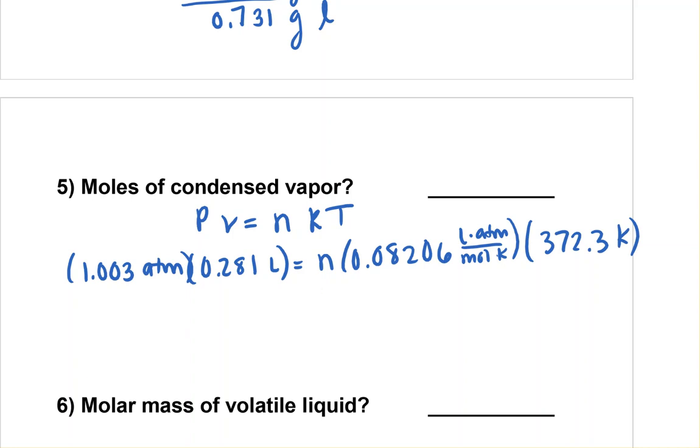Okay, and then remembering our algebra, to get n by itself, I'm dividing both sides by all of this. And if I divide this side by all of that, I should get a small number here.